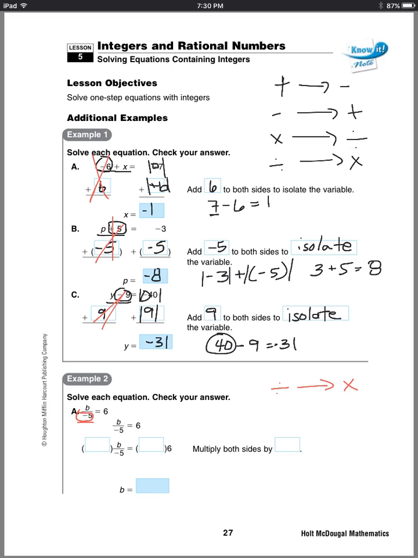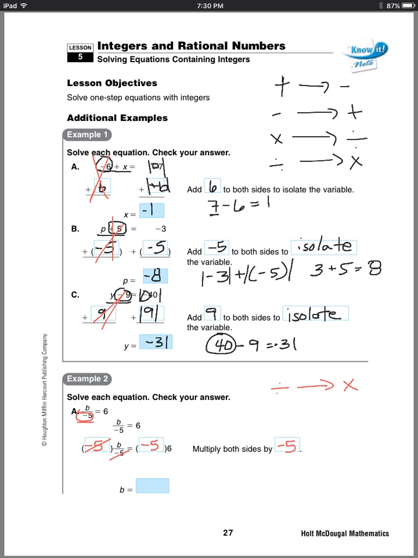Okay, the opposite of dividing by -5 would be multiplying by -5. When you are undoing division by multiplication, you keep the sign, because you're just doing the opposite operation, which is all we did above. So the opposite operation says for multiplication that we keep the sign. So we're going to multiply both sides by -5.